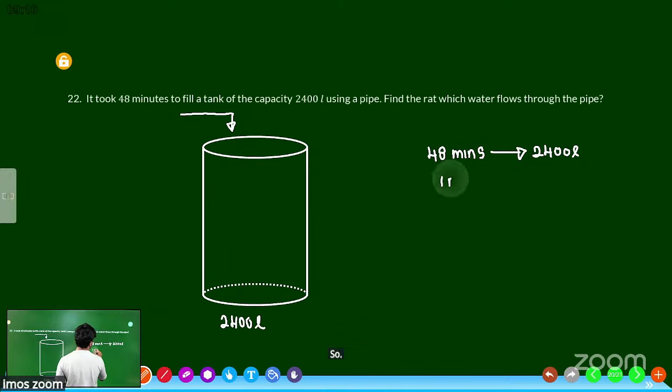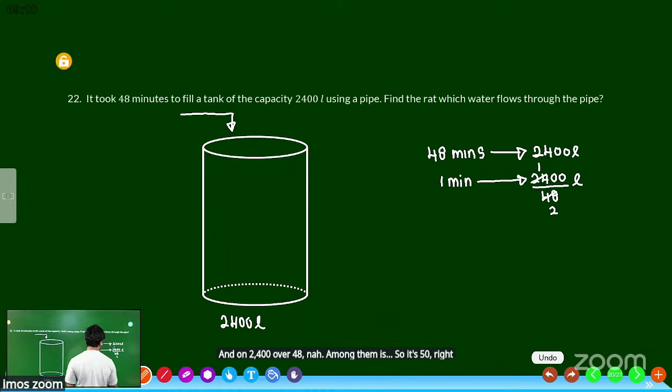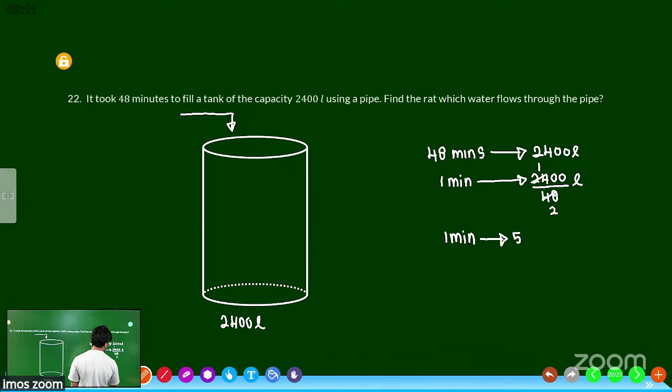So in 1 minute, it is 2,400 over 48, which is 50. So in 1 minute, 50 liters. Now what is the rate? 50 liters per minute.